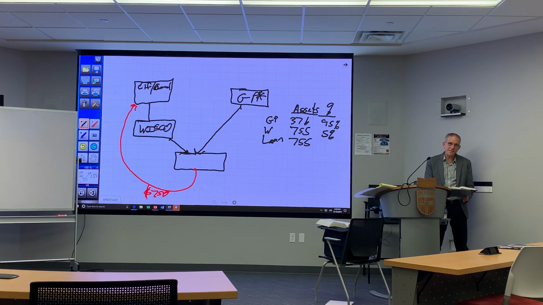Anytime you start saying for book purposes, you have a gain, but for tax purposes you don't, you have a target on your back, okay?